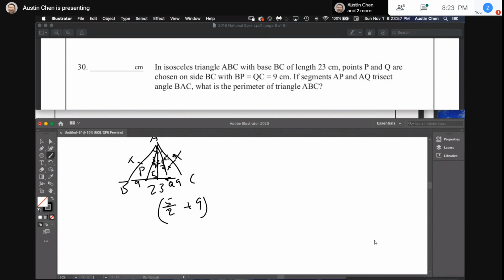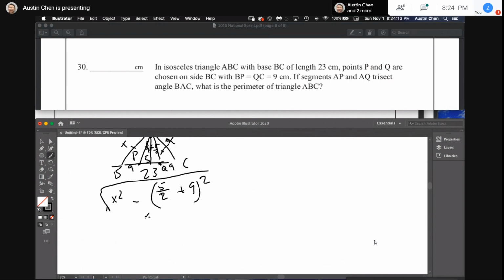So to find what this is in terms of x, we will have x squared minus 5/2 plus 9 squared, rooted, right? Yeah. And then what is this?